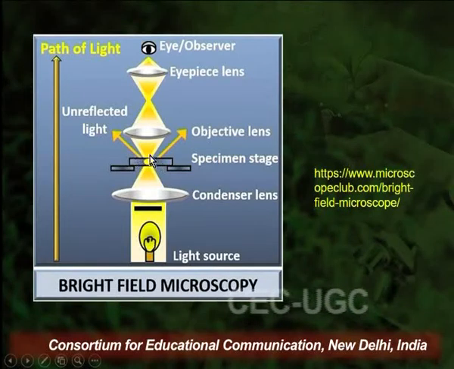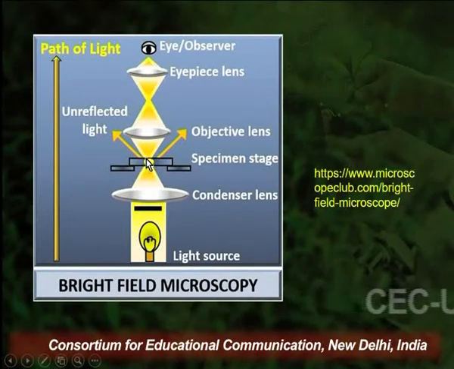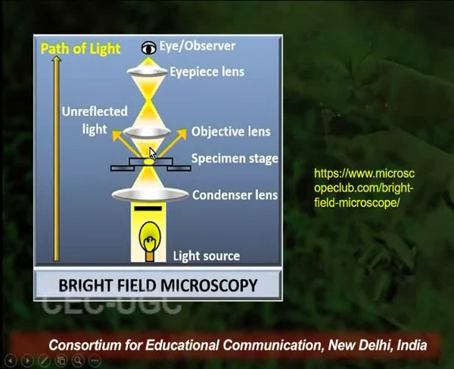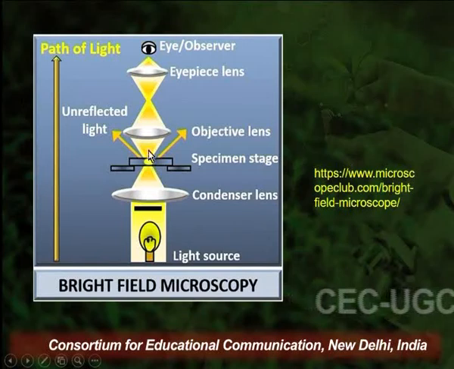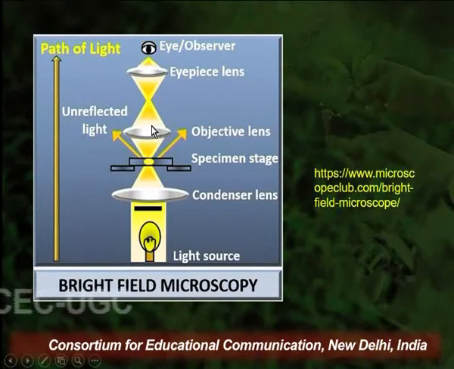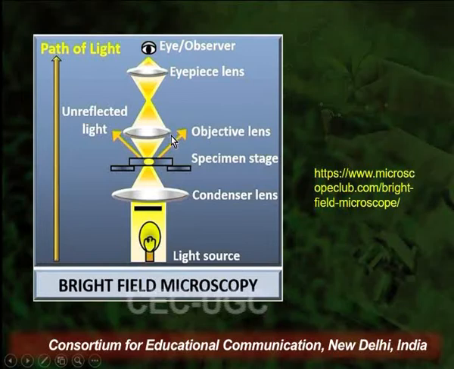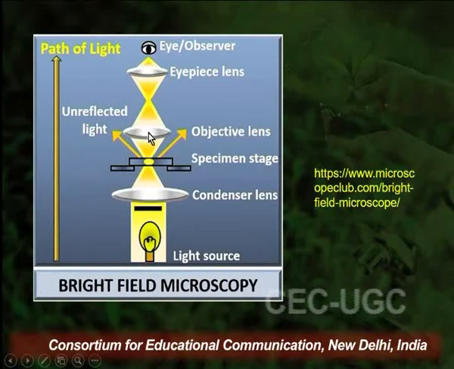Now, because of the physical nature of the specimen, the light is further scattered through a process called interference and diffraction, and these light rays then pass through a second set of lens called the objective lens.